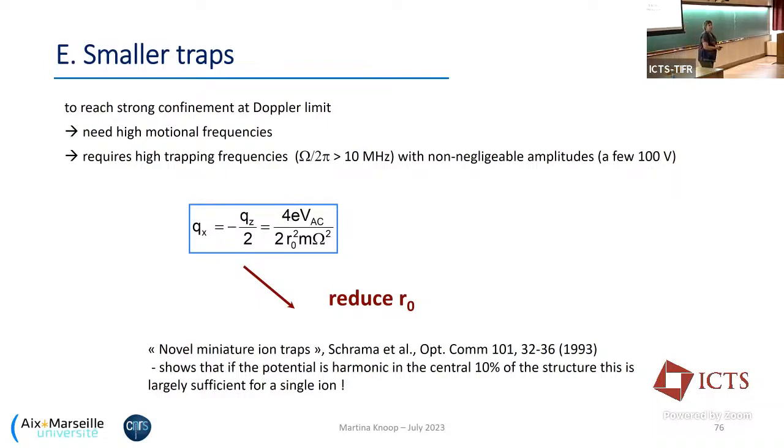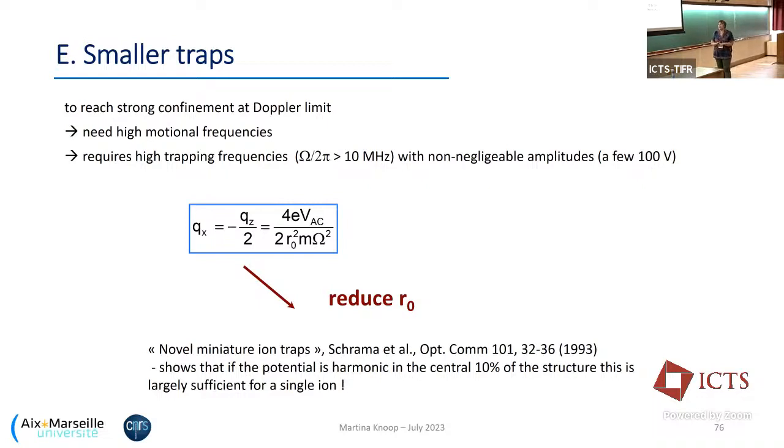So remember that we've seen yesterday that the motion of a particle in a trap can be described by Mathieu equations. We can look at where there are stable solutions as a function of the experimental parameters.